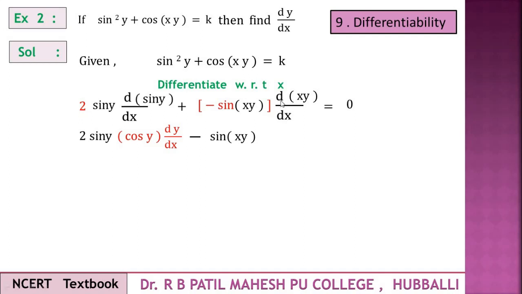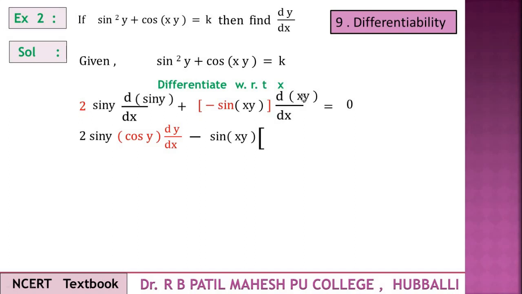Here we have the derivative of x into y. Whenever the function is a product, we have to follow the product rule. When we use the product rule, we get a big expression or addition of two functions, so use the bracket and write the derivative using the rule.